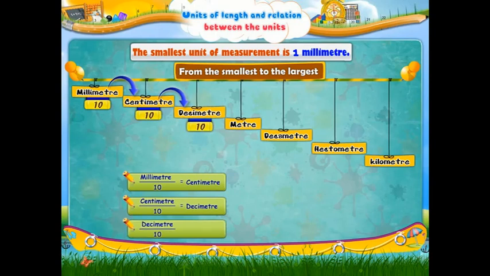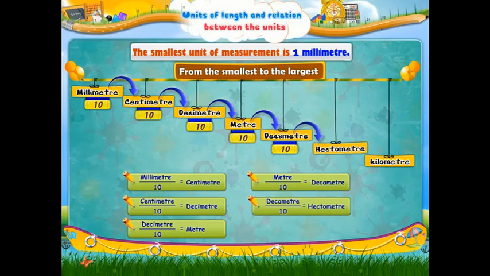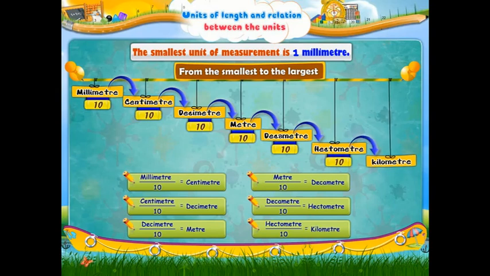Decimeter divided by 10 will give meter. Meter divided by 10 will give decameter. Next, decameter divided by 10 will give hectometer. And hectometer divided by 10 gives kilometer.